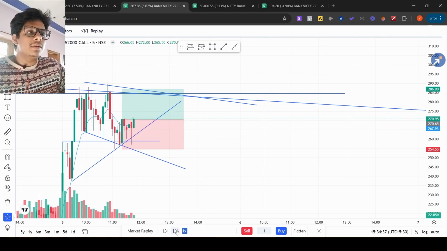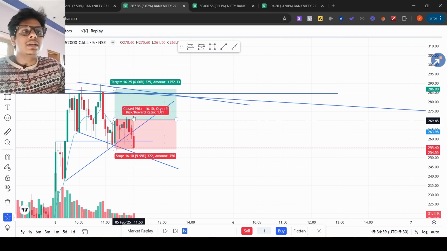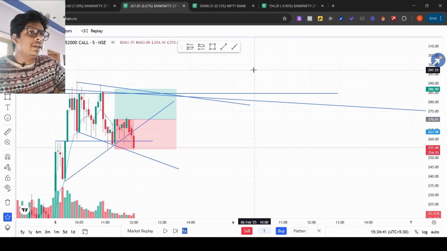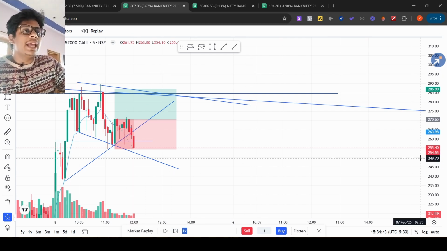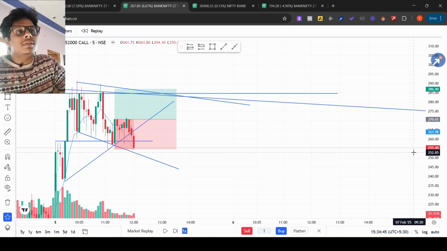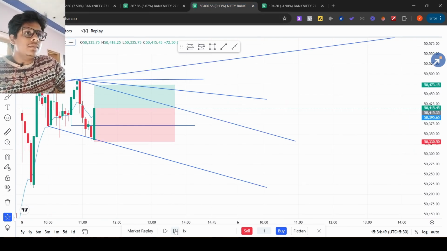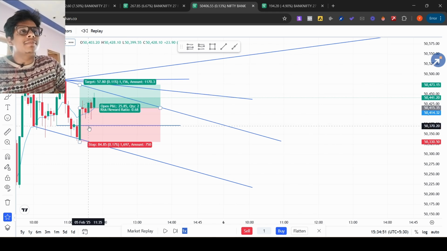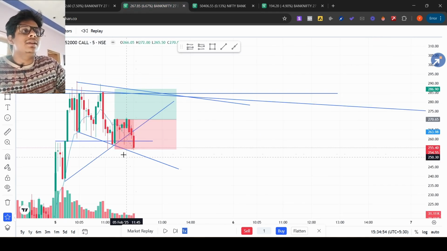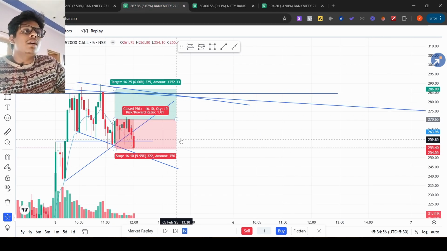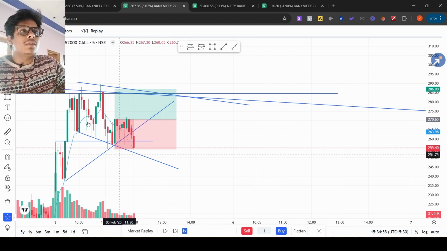Yep, not at all. Just a second. Yep, so we got stopped out after some time, and maybe this can be because of the decay or something. Because on the index chart the price is clearly rising up, but because of the decay the price is falling off for this option.